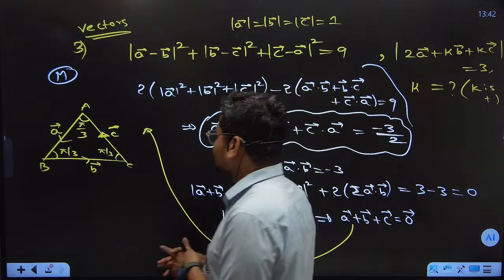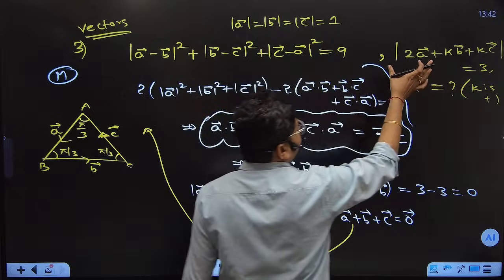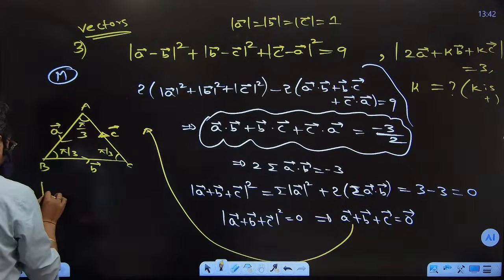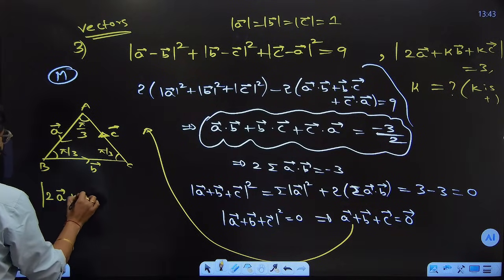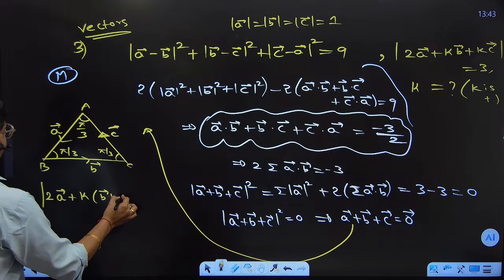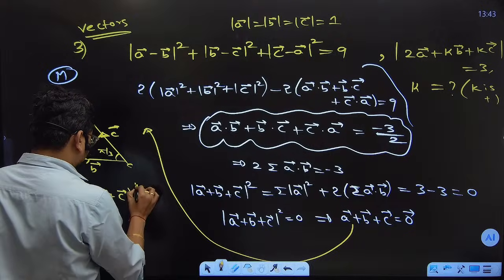Yeah. So now I'll go to the requirement of the question. The requirement of the question is that this entire thing is equal to 3, right? So it is given the magnitude of 2 times A vector plus, if I take K common, K times (B vector plus C vector) is equal to 3.